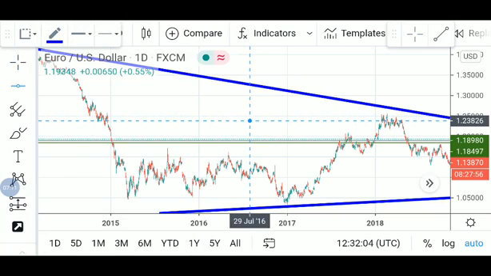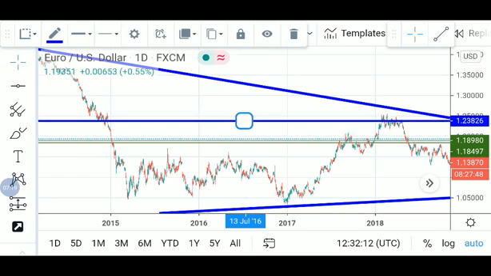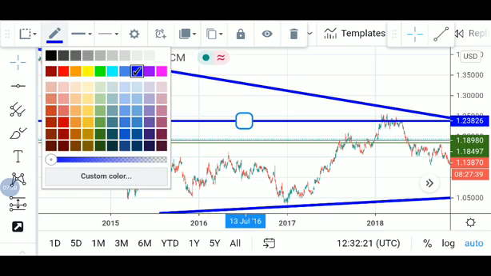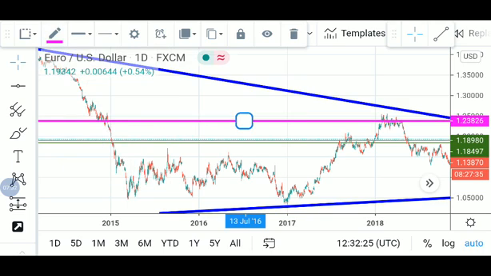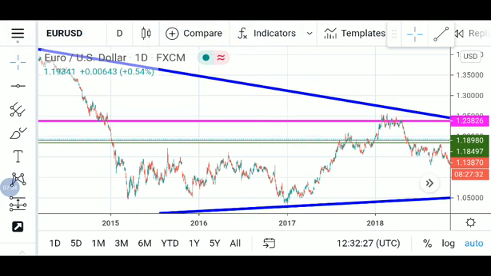It tested this level well. Tested it down here and it tested it right here. So that could be one of our targets right there, and this is here on the daily. So let's do that. I think we gave that purple. Okay, so lock it in place.